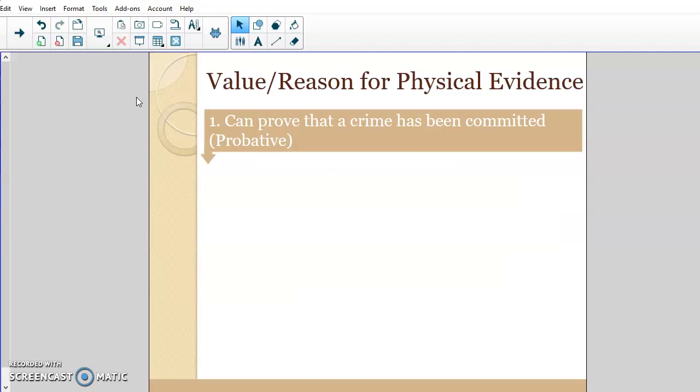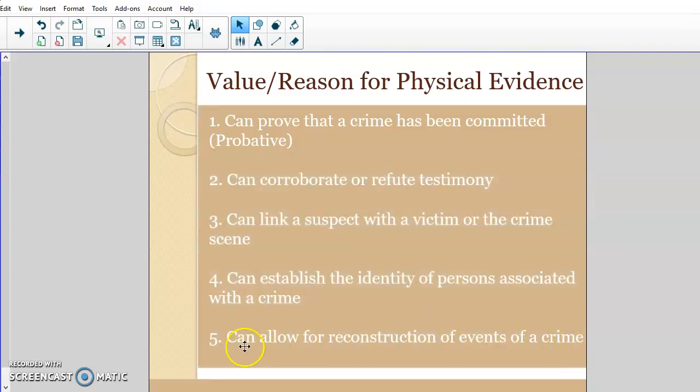So here's the value, or the reason that physical evidence is important. It can prove that a crime has been committed. It's probative, right? So we can use physical evidence to prove that a crime was committed. It can corroborate or refute testimony.